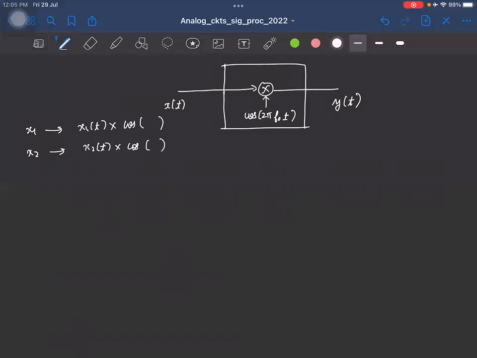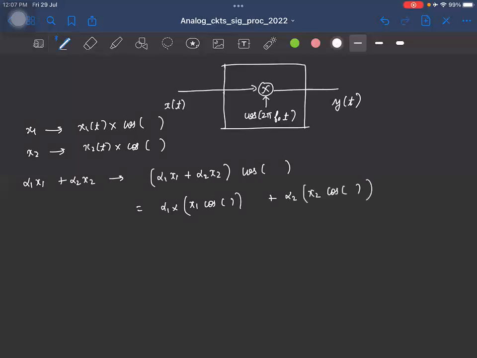Even if I have a linear combination of the inputs, say I give alpha 1 times x1 plus alpha 2 times x2, the output I'll get will be the input signal alpha 1 x1 plus alpha 2 x2 times the cosine signal, right? And of course, you can write this as alpha 1 times x1 times cos plus alpha 2 times x2 times cos. So you get back the same two outputs with the same scaling factors. So this is simply a linear operation, right?